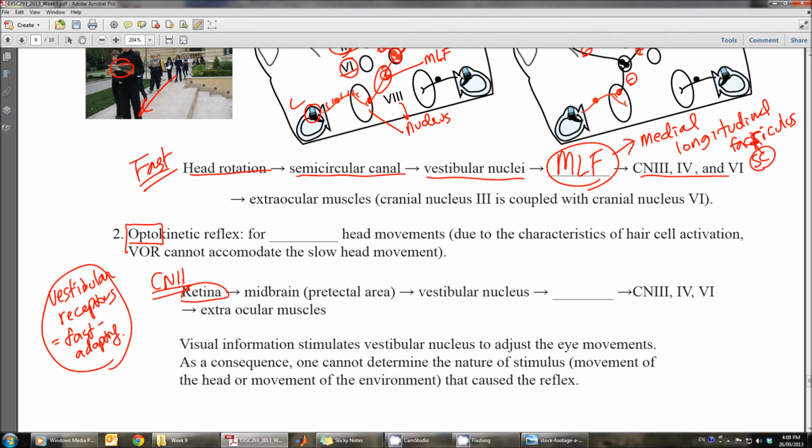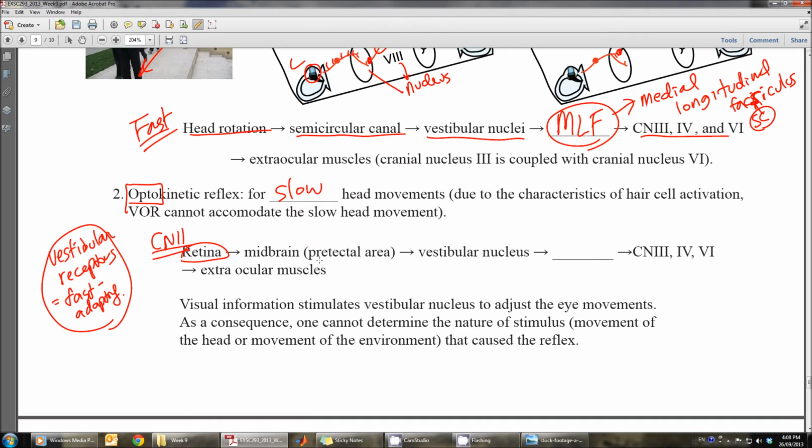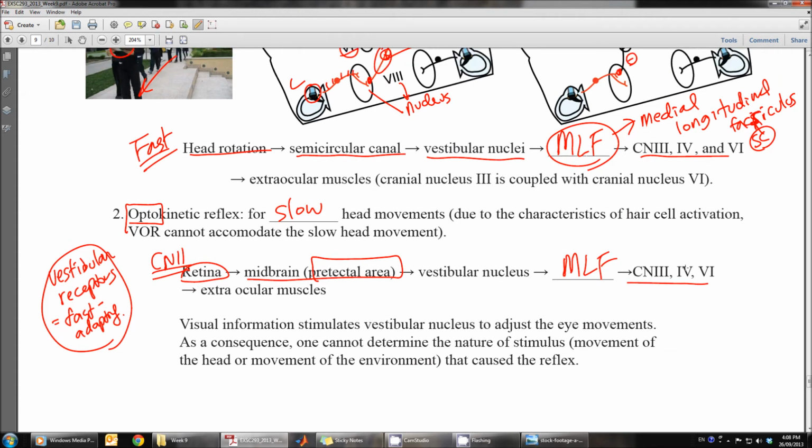So instead of gaining the information from the vestibular apparatus, we gain information from the visual field, through the optic nerve, sorry, and then stabilize our eye according to that. So for slow head movements, the pathways are very similar to VOR, but it goes to the pretectal area, and from the pretectal area in the midbrain it goes to the vestibular nucleus, and through MLF it activates cranial nerves 3, 4, and 6 in a similar way as the VOR.